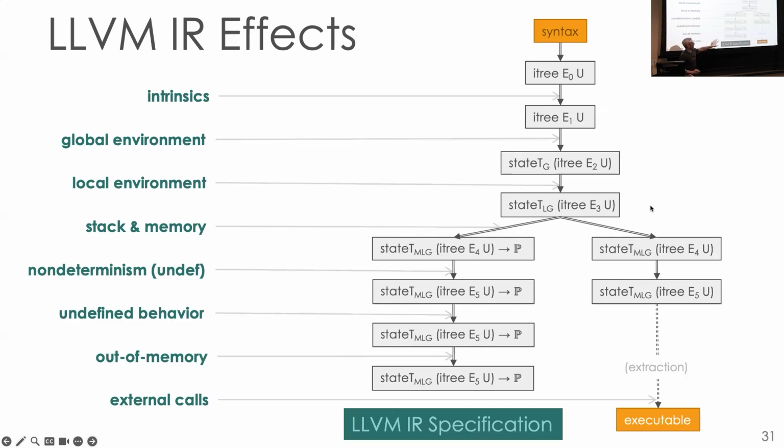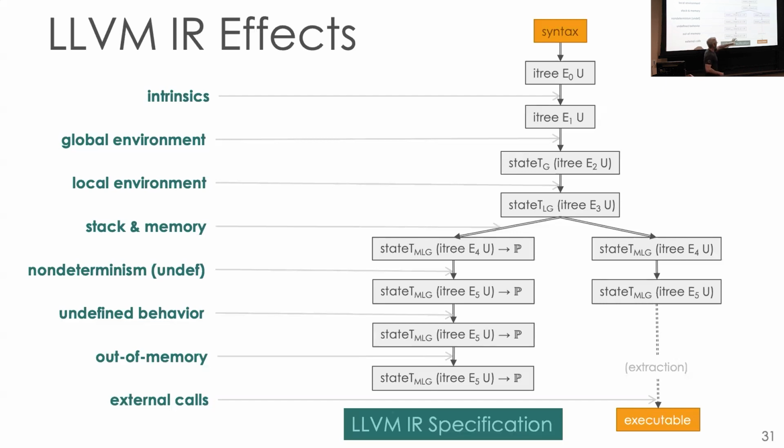One interesting thing that is useful for our Vellum projects that I didn't really mention for I trees is that we can interpret I trees into any monad that supports iteration. One that we can use is the propositional monad. Any function into Prop in Coq is a monad and supports iteration.